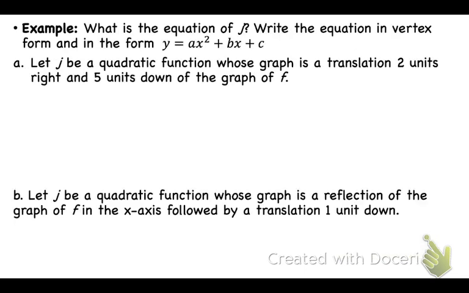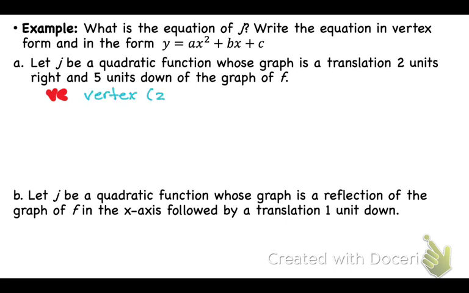Okay, now this one says, what is the equation of J? Write the equation in vertex form and in standard form. Let J be a quadratic function whose graph is translated 2 units to the right and 5 units down. So what does that make the vertex? 2 units to the right is 2, and 5 units down is negative 5.